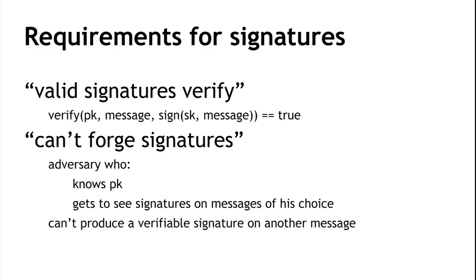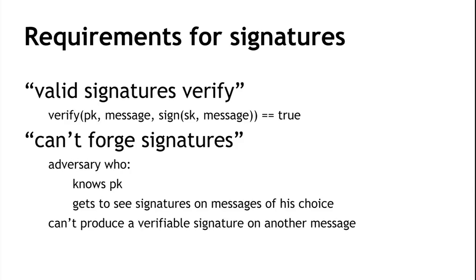The requirements for signatures, at a slightly more technical level, are the following two. First, valid signatures will verify. That is, if I sign a message with SK, my secret key, and someone later tries to validate that using my public key and the same message, it will validate correctly.